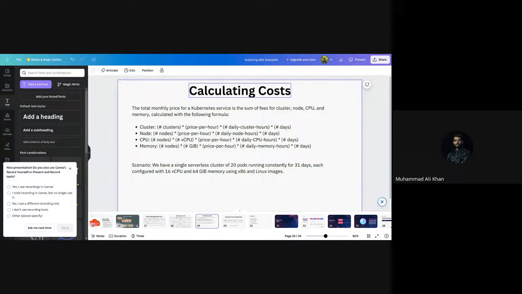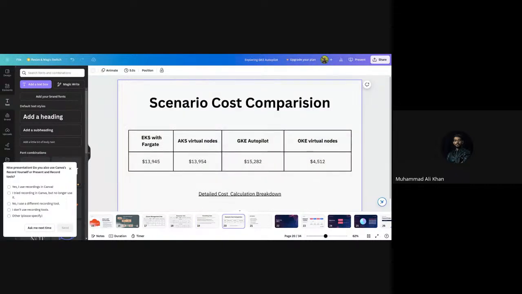If we want to run 20 pods for 31 days configured with 16 vCPU and 64 GB memory, using 32 or 64 bit architecture on Linux images, then going through all of these cost comparisons between all of these clouds, AKS virtual nodes would cost you around 4K USD for this scenario.